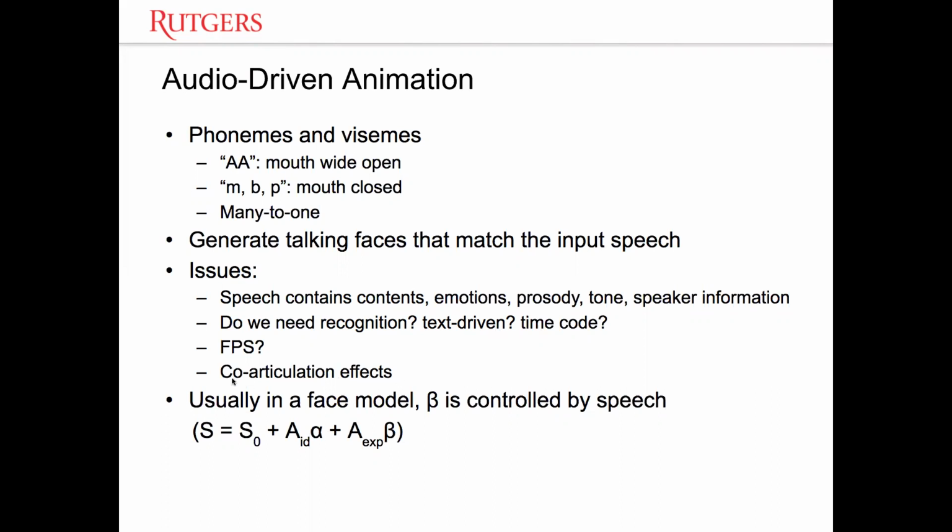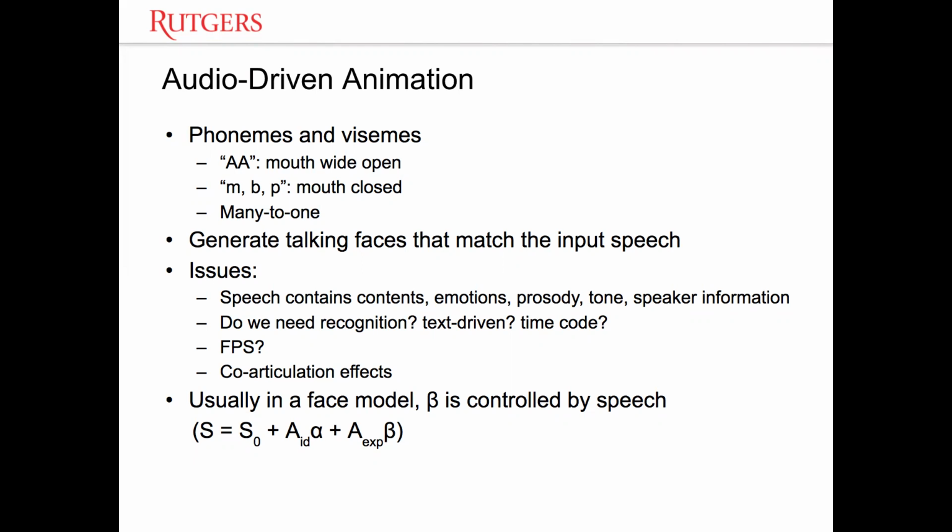And another important thing is the co-articulation effects. When we humans speak, we don't speak phoneme after phoneme. So let's say when we pronounce "hat", it's actually a three-phoneme word.